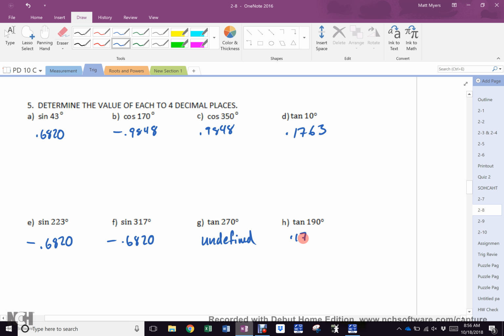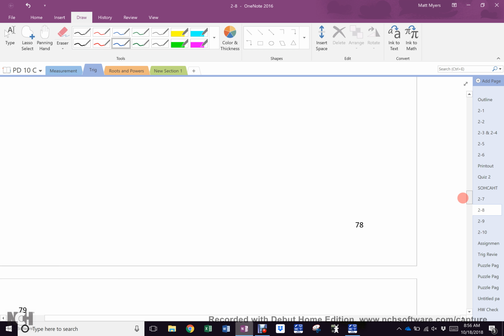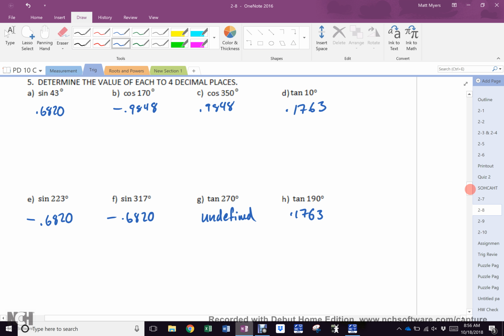What do you notice about some of those values? Well, actually, you should notice about all the values. They match up, don't they? Right? You can see that 68.6820 gives me sine 43, yes? What do you see in E and F? Same numbers, but different value, yeah?